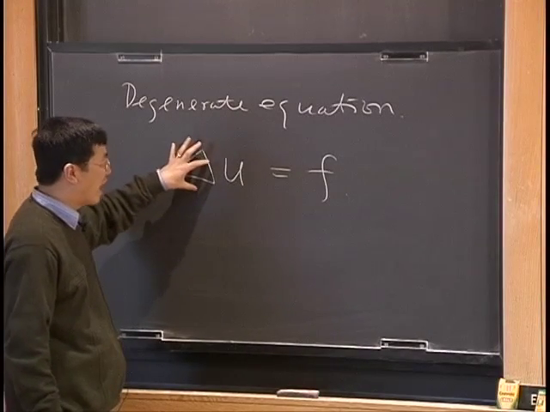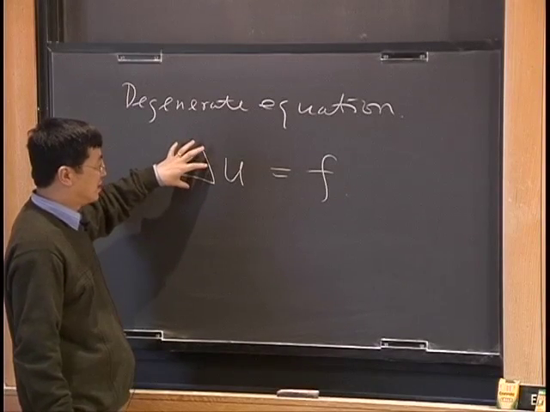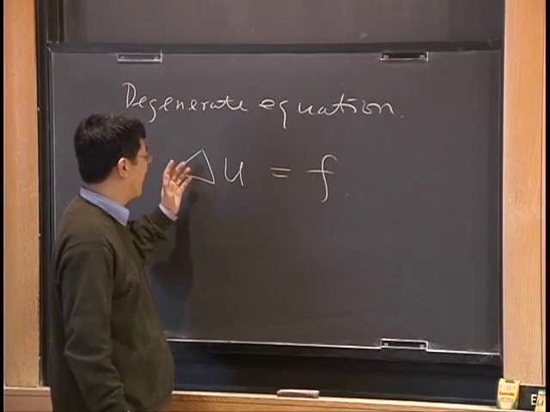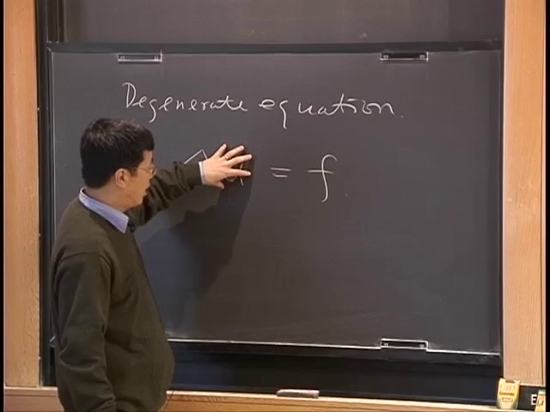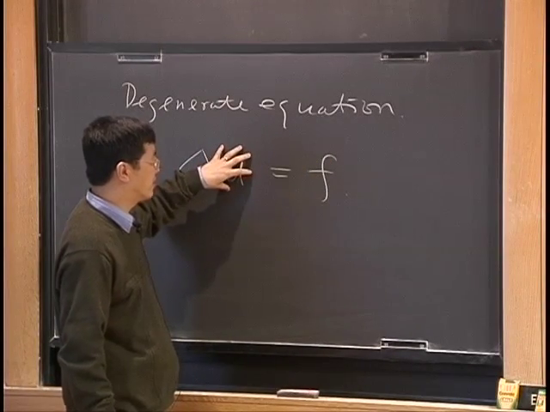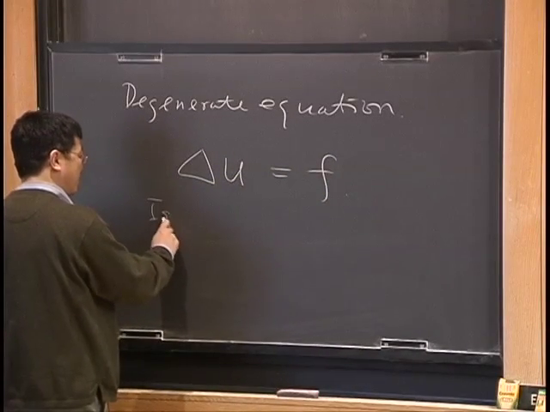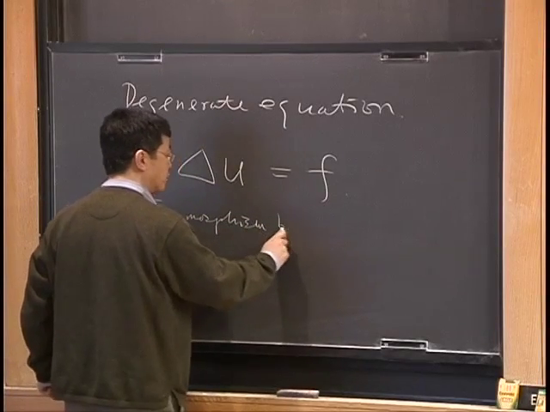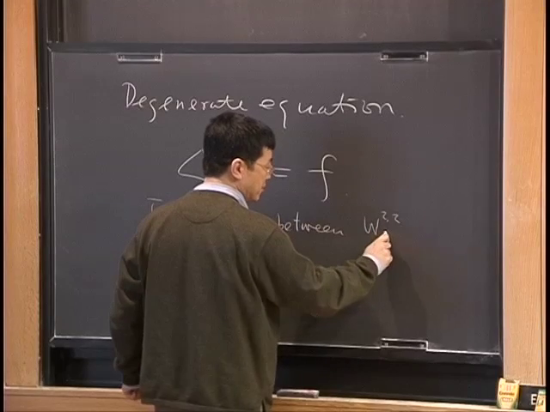Is this the Laplacian equation? First of all, it is an isomorphism between various spaces. For example, it's an isomorphism between H2 and L2, also between this C2 alpha space and C alpha space, say at W22.